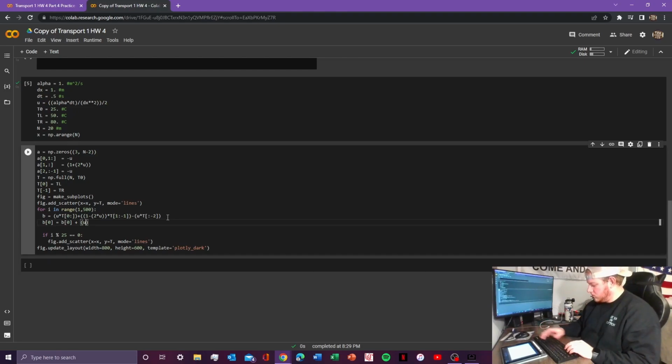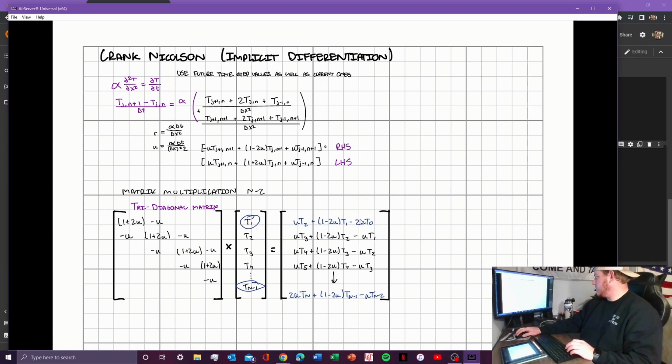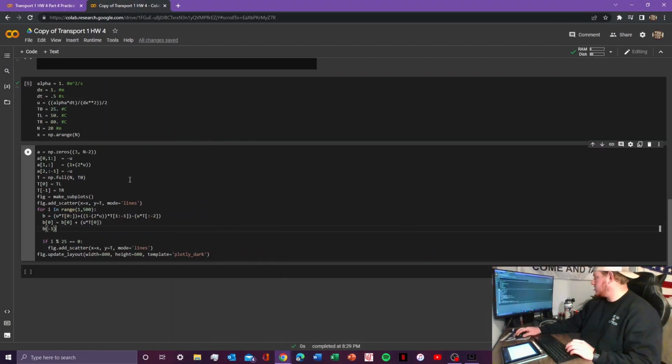It's going to be u times t 0. And then just do the same thing again, but for the end. Why I'm doing this right now is because of these two special cases at the start and the end, pretty much.